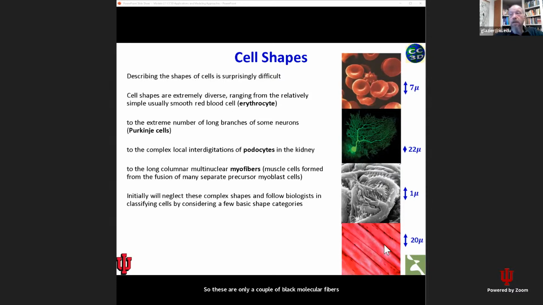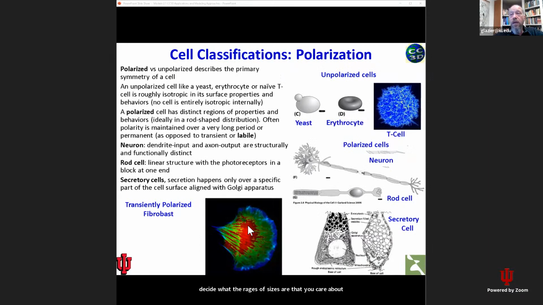Myofibers can be very, very long, complicated. Typically, we're going to simplify that, but you have to decide what the ranges of sizes are that you care about and what level of detail you need. A fundamental concept which we've already run into is polarization of cells.